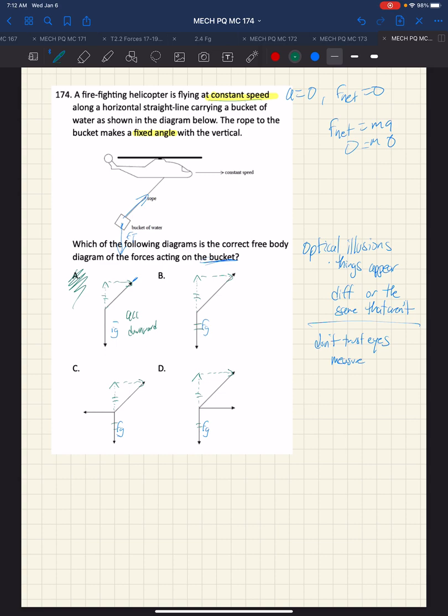So going back to choice B, the two vertical ones cancel each other out, sum to 0. And we have then a resultant force that is acting to the right. When we look at choice C, what we have is a force acting to the right and a force acting to the left, which is this one.